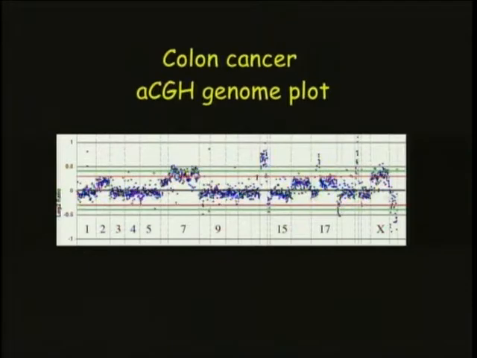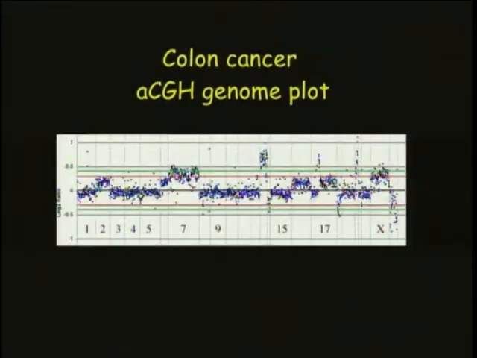And I actually have an example of an Array CGH experiment done on a colon adenocarcinoma. Instead of a chromosome plot, this is a whole genome plot, so that chromosome 1 is shown here, 2, 3, and X and Y down here. And you can see that there's just a lot of up and down in these cases when they have genomic instability.